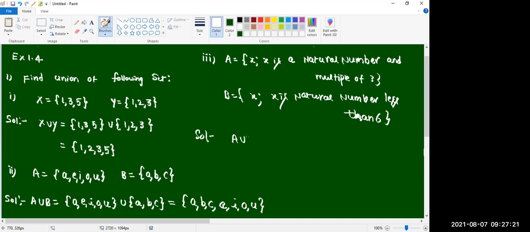Directly you can write A union B equal to, what is the answer? {x: 1, 2, 4, 5 or natural number multiple of 3}. We should write that. Write down, please.